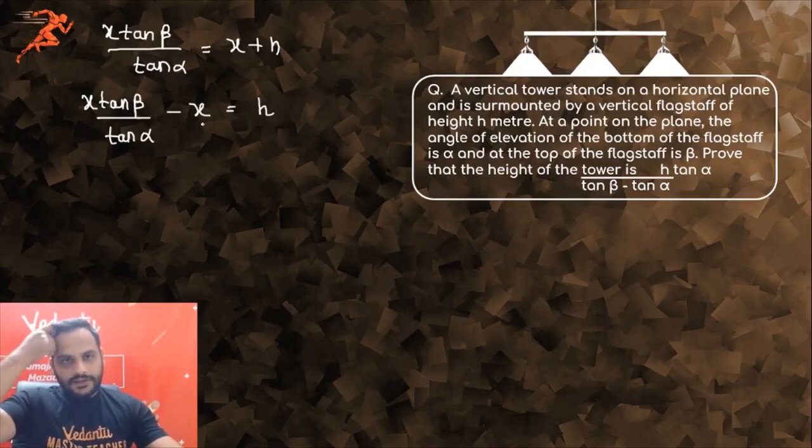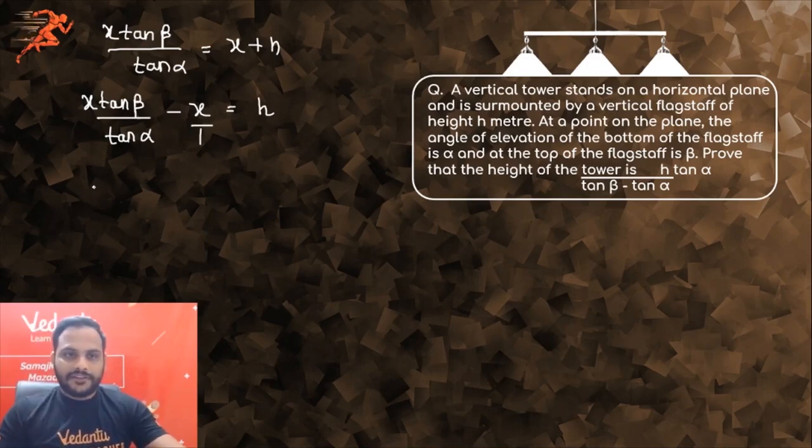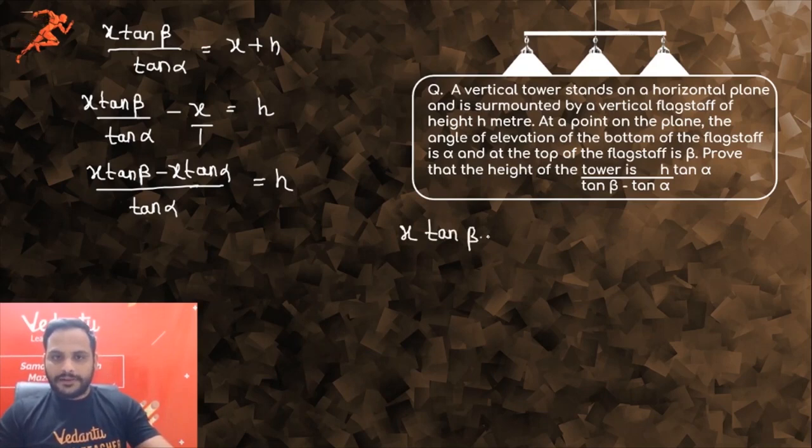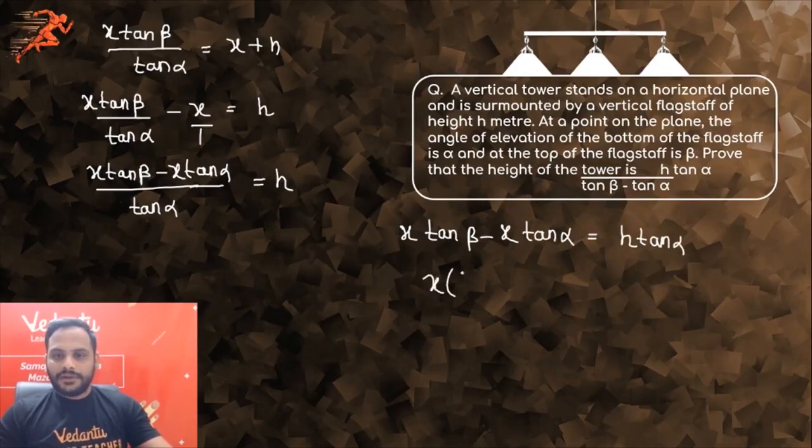Correct? So if I take the LCM over here, tan alpha is the common denominator. I can say x tan beta minus x tan alpha is equal to h tan alpha. Take x common, you'll be getting x into tan beta minus tan alpha is equal to h tan alpha, and shift this in the denominator.